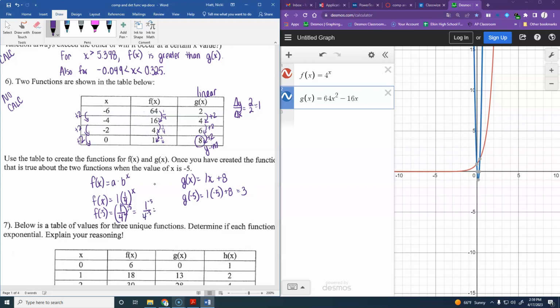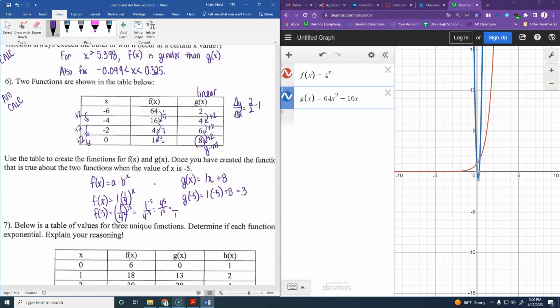And then I could flip it. That way I avoid having a fraction inside of a fraction. So then I could do 4 to the 5th power up here and 1 to the 5th power down here. 1 to the 5th power is just 1. 4 to the 5th power, good gracious. Okay, we get to use our calculator a little bit on this.